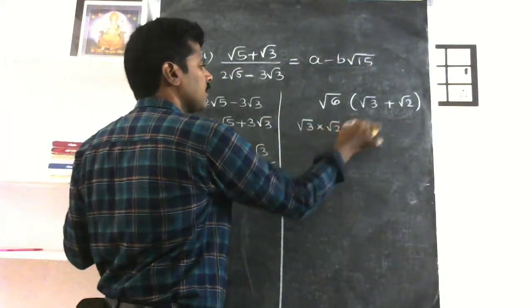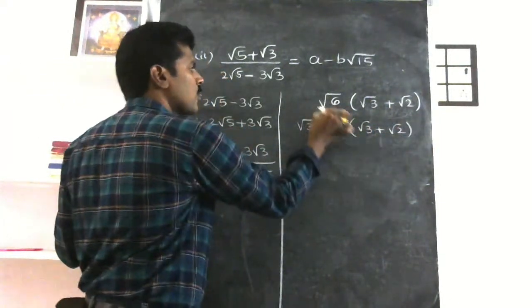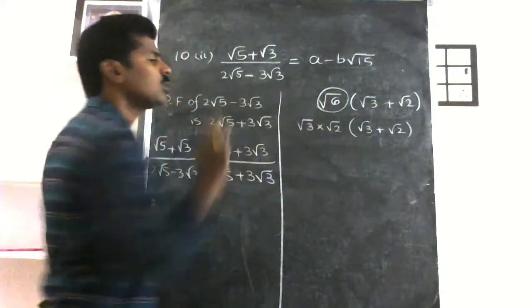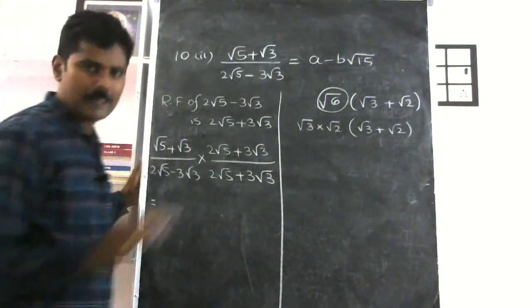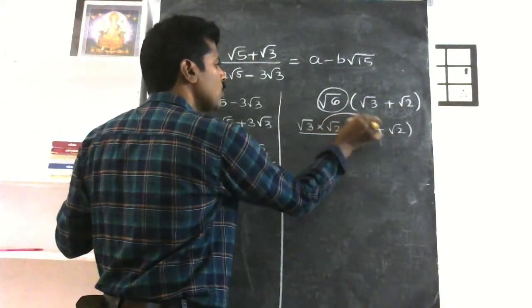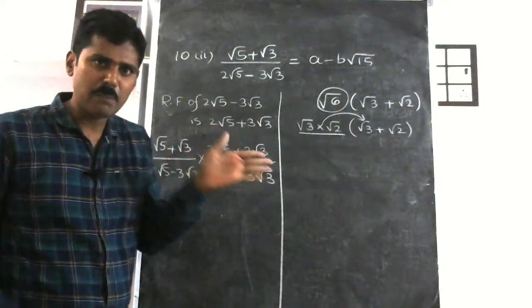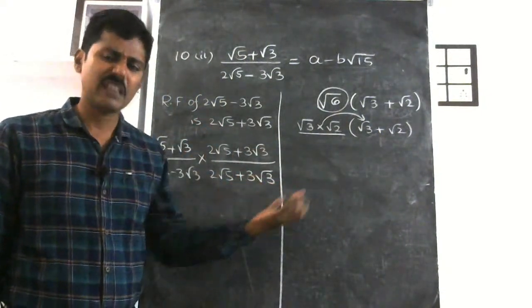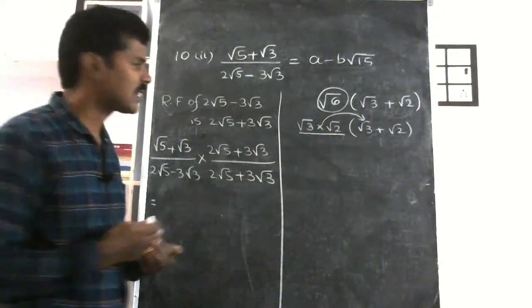Listen carefully. Root 6 can be written as root 3 into root 2. Is it okay? Then if I multiply root 3 into root 2 with root 3, observe carefully this step. If you apply this simple logic, we can do it much more easily. So try to understand that logic once.